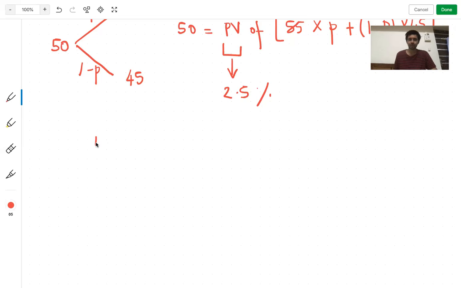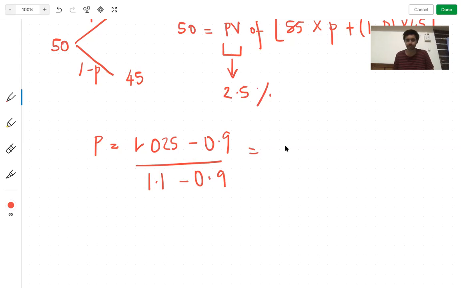So the formula for P, like we saw, was R minus D divided by U minus D, where R was equal to 1.025 minus 0.9 divided by 1.1 minus 0.9. 1.025 minus 0.9 is 0.125 divided by 0.2, which is equal to 0.625.